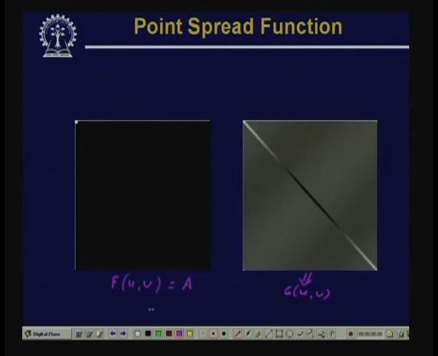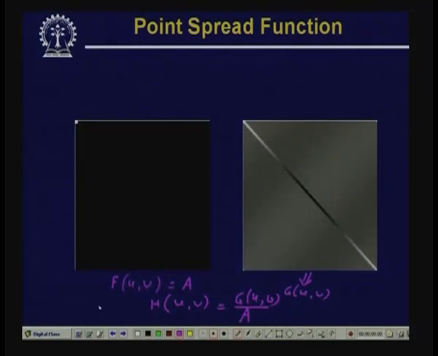Now, from these two I can recompute H(u,v), which is given by G(u,v) divided by this constant term a. Obviously, the value of the constant is the same as the intensity of this impulse. So, if I take a unit impulse, then the value of constant a will be equal to 1, and in that case the Fourier transform of the point spread function directly gives me the degradation function H(u,v).